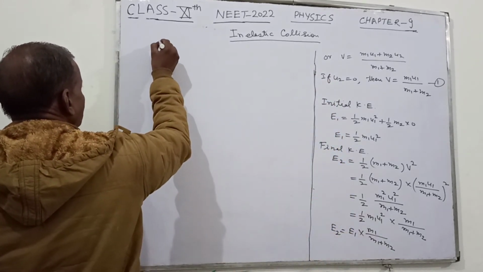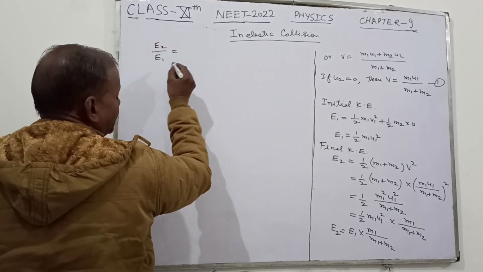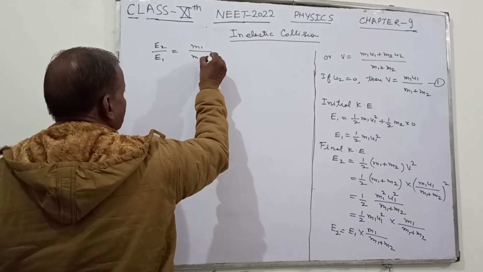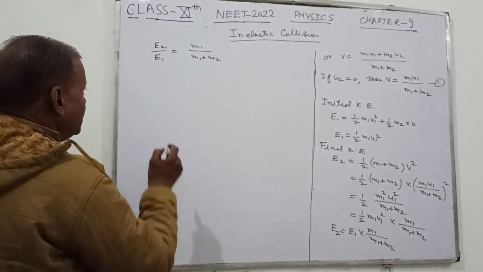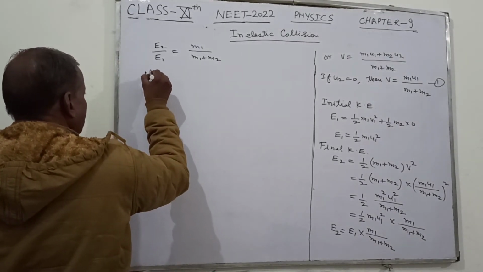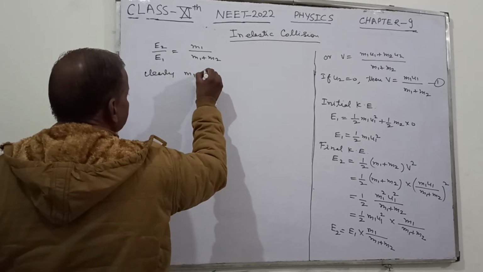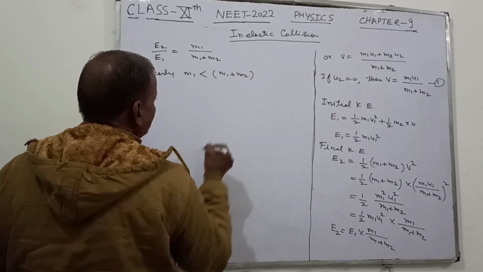So E2 upon E1 is equal to m1 upon m1 plus m2. Clearly m1 is less than m1 plus m2.